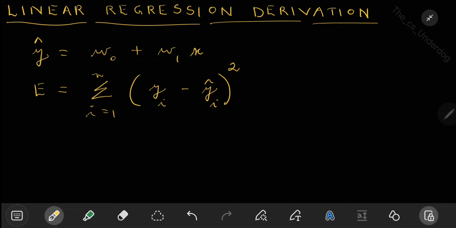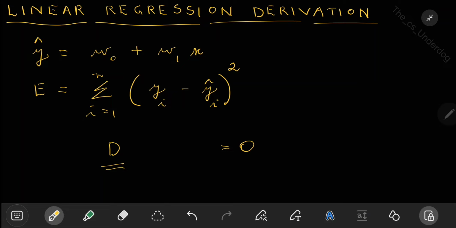This sum of squares error, we have to minimize this so that we get the optimal values of W0 and W1. How do you minimize something? In order to minimize, you have to take the derivative, right? The first thing is you have to take the derivative and then equate to 0. This is how you normally find the optimal values. That is, if you want to minimize something, minimize the error, what would you do?